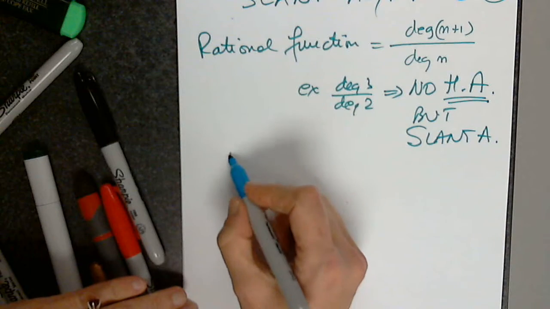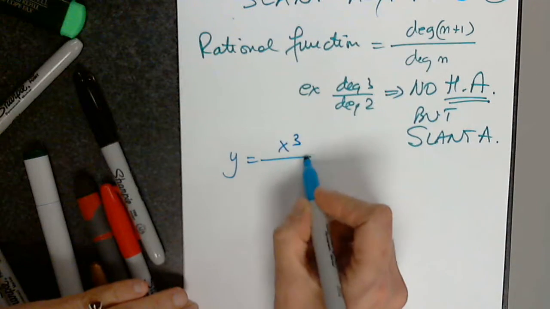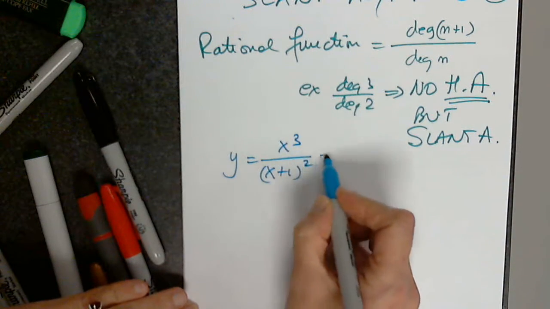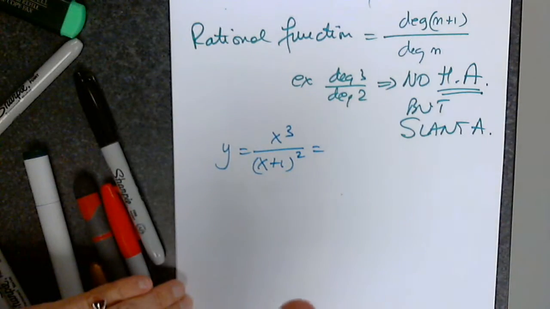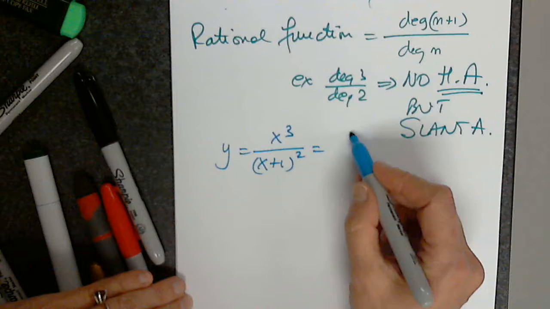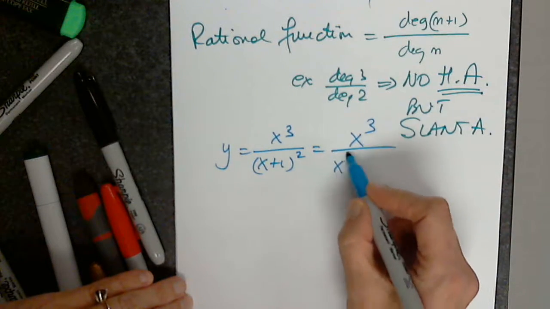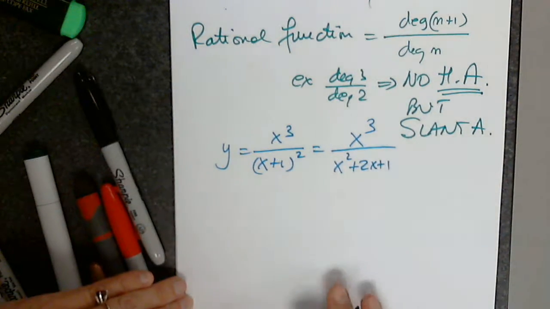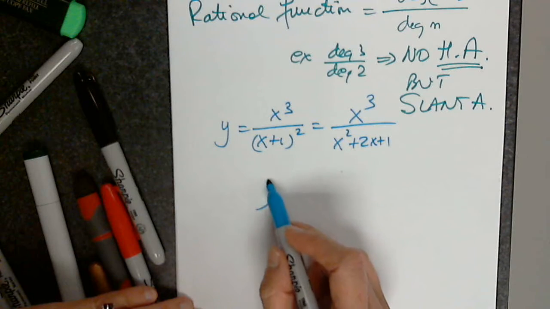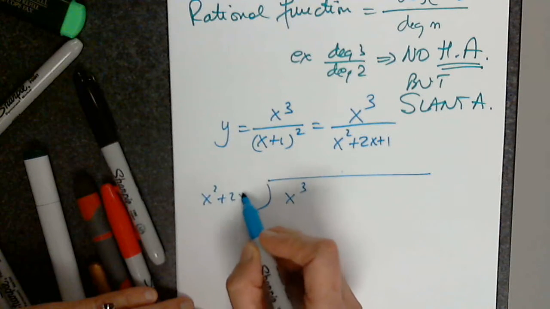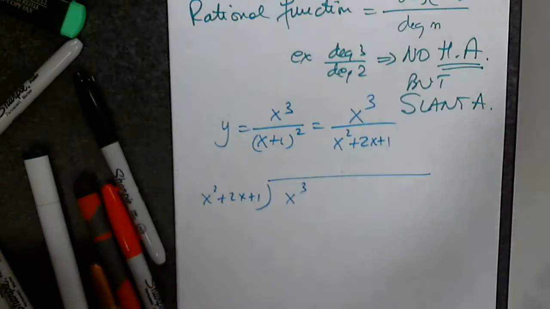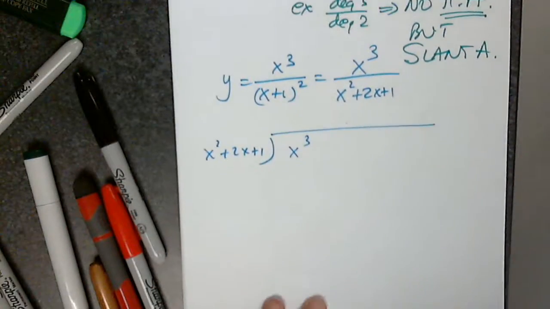So I have y equals x cubed over x plus 1 squared. This is one time in which I will expand the denominator. So x to the third over x squared plus 2x plus 1. And I have to divide x cubed by x squared plus 2x plus 1. And then I have to come back and graph it.